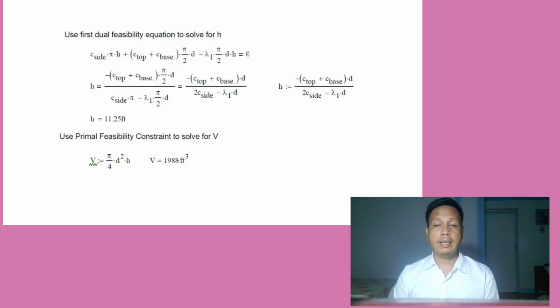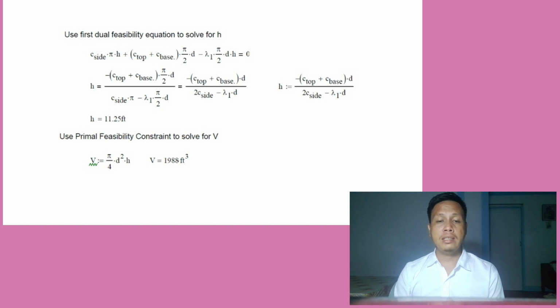Rewriting the equation, h is equal to negative the cost of top plus cost of base times pi over 2 d, over cost of side times pi minus lambda 1 times pi over 2 times d. By solving, the value of h is equal to 11.25 feet.